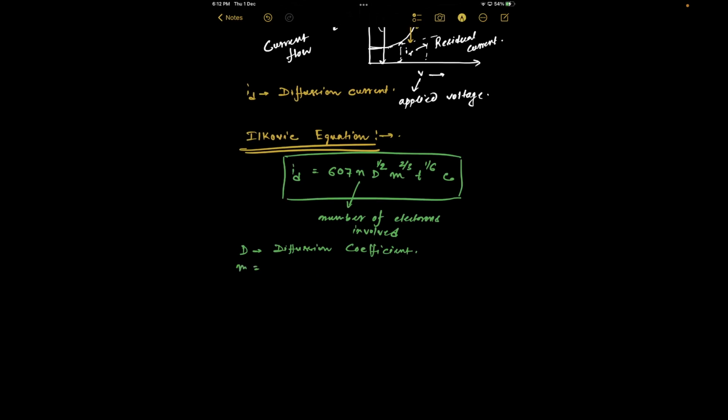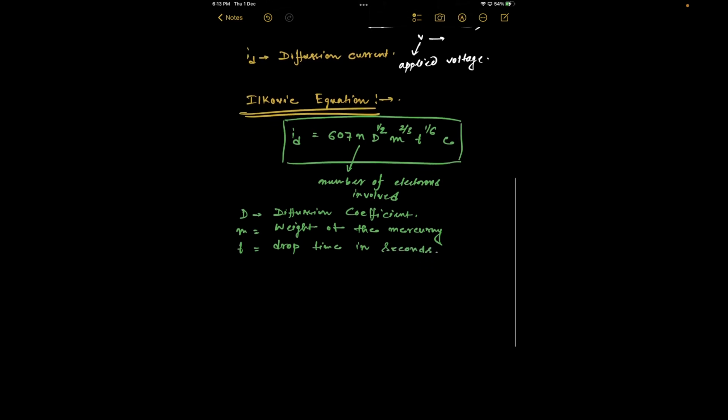Small m is the weight of the mercury flowing through the capillary tube, and t is the drop time in seconds. And capital C is the concentration of the unknown substance.